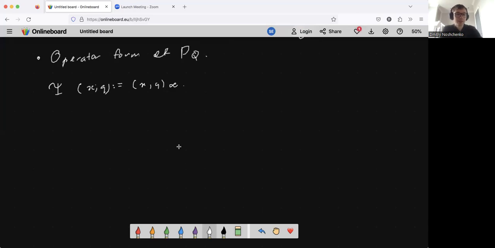So I will just write psi of x, because it is already assumed that this depends on q. So now we define some operators.